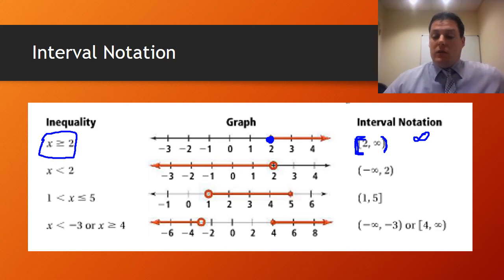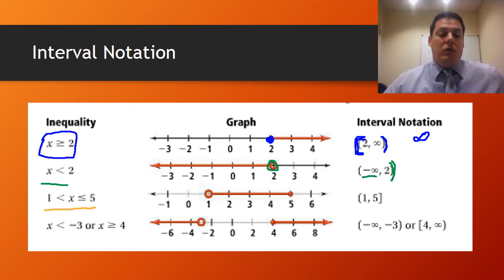And so for the next one, x is less than 2, open circle on the number line. If we're going from left to right, we're starting at negative infinity, because it goes on forever from the left. And then it goes up to 2, but doesn't include 2, so we're going to use parentheses.